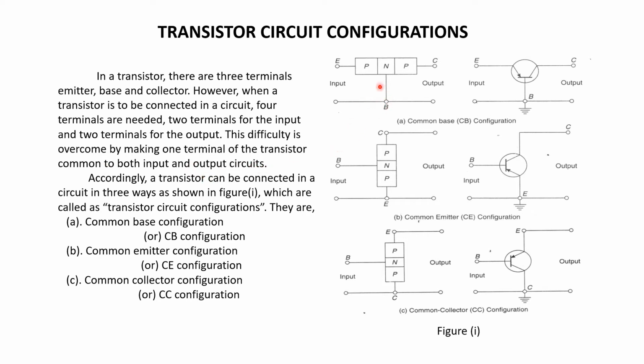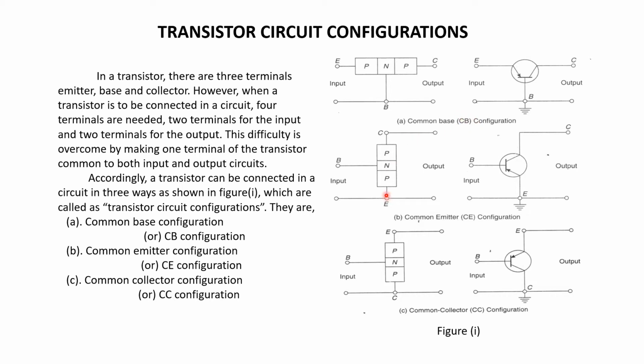So, depending upon the terminal which is made common for both input and output circuits, there are three transistor circuit configurations. Suppose the base lead is made common for input and output circuits, then that is said to be common base configuration.